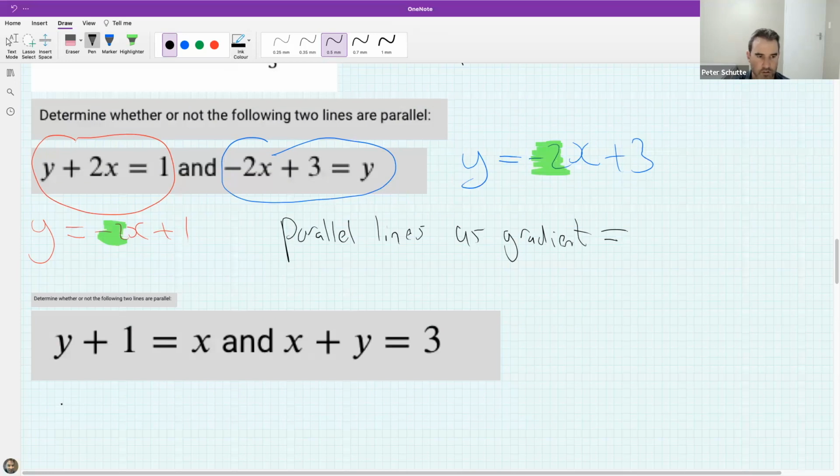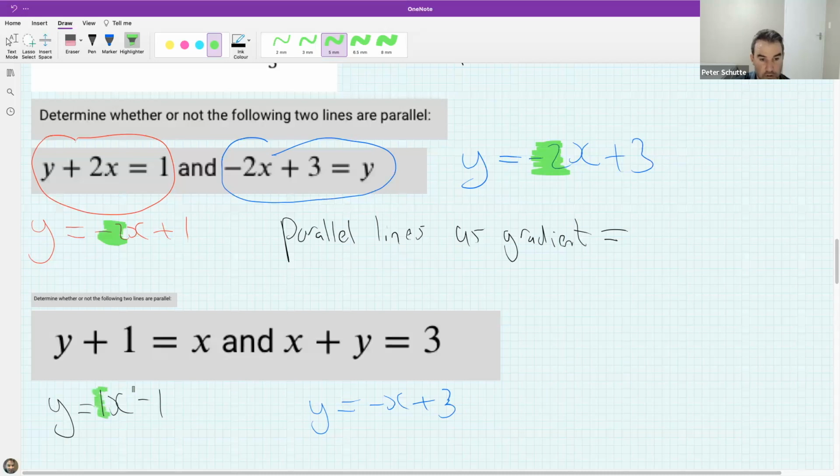So the first step is you need to write this in standard form. And what you notice is that the gradient for the black one is +1.